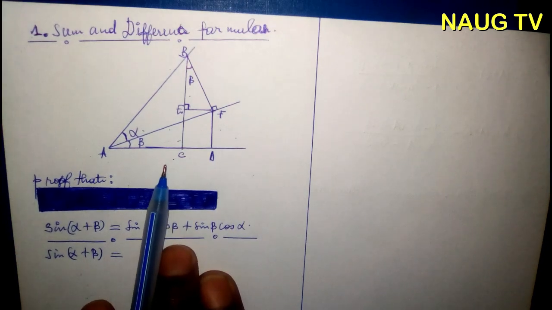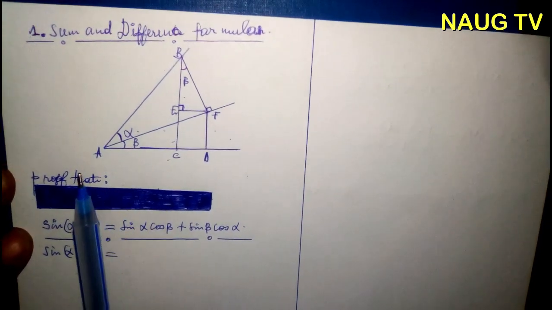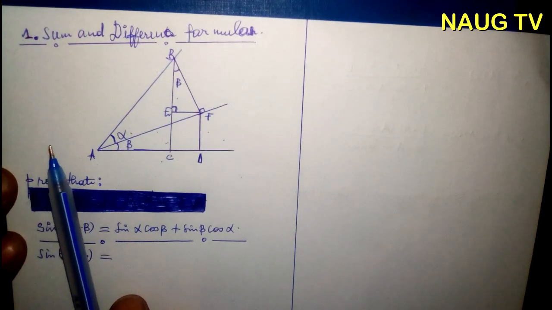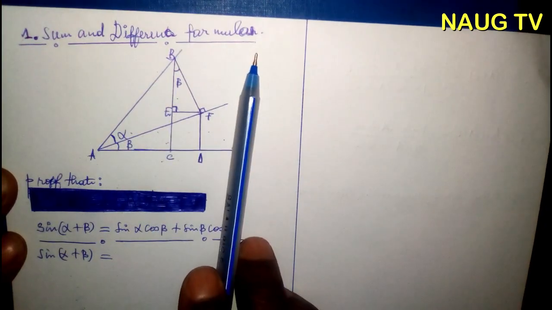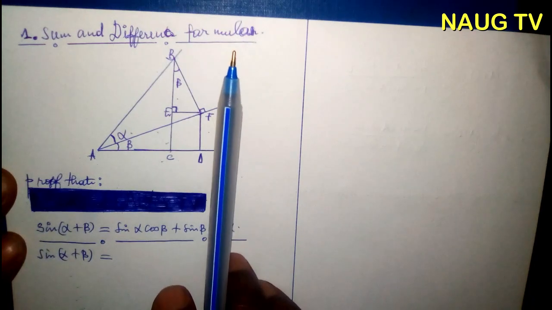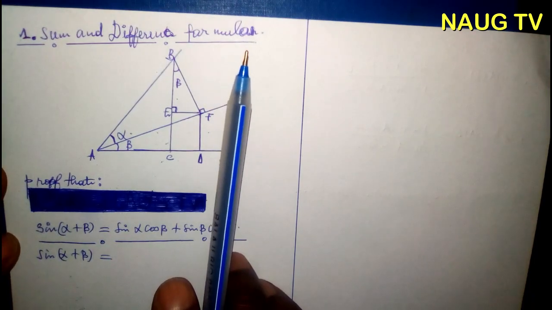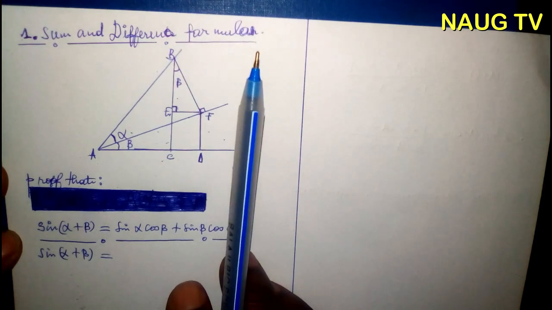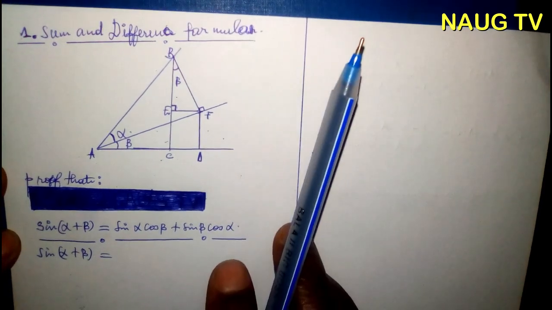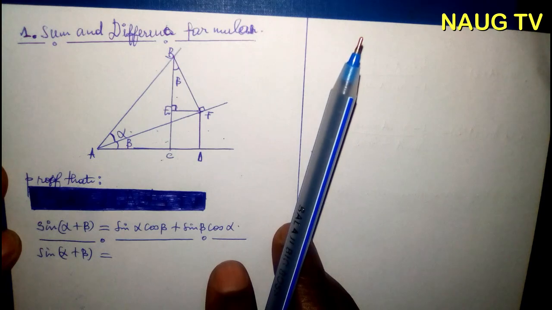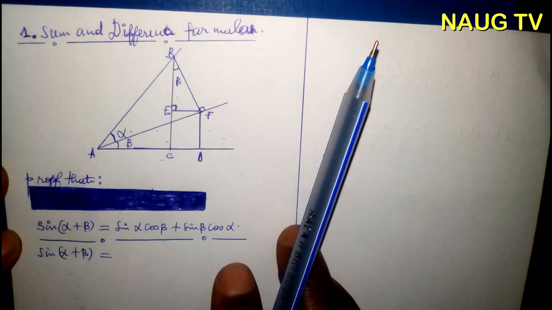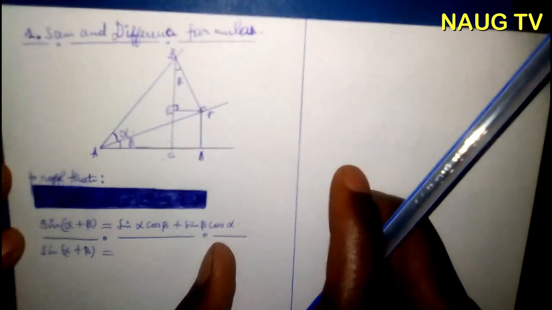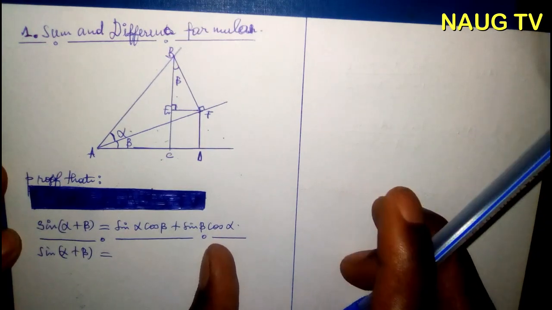As we are looking here, now it's time we are going to study about sum and difference formulas. From the previous video, we have seen how we can prove that cosine of alpha plus beta equals cosine of alpha times cosine of beta minus sine of beta times sine of alpha.